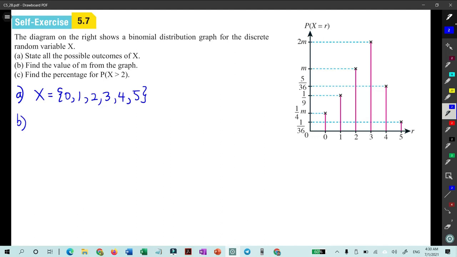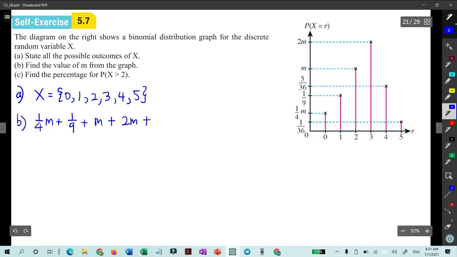So I start with 1 over 4m plus 1 over 9 plus m plus 2m plus 5 over 36 plus 1 over 36, and the sum should be equal to 1.